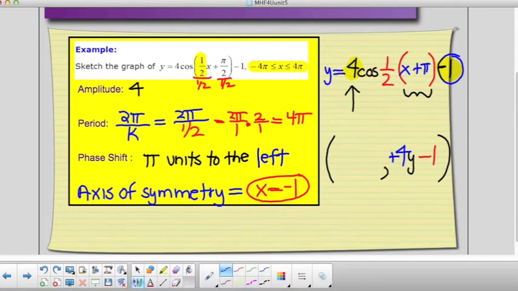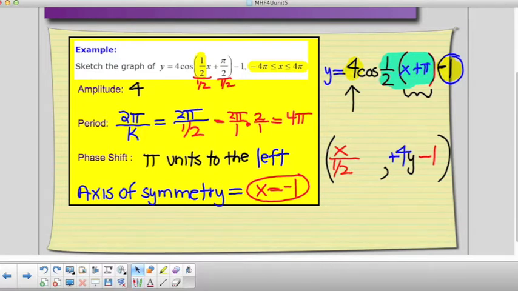My x coordinates are affected by everything that affects the graph horizontally. So horizontal shifts and stretches and compressions. In this case, I have to take my x coordinates and divide them by 1/2, and after that I can subtract pi from my x coordinates.